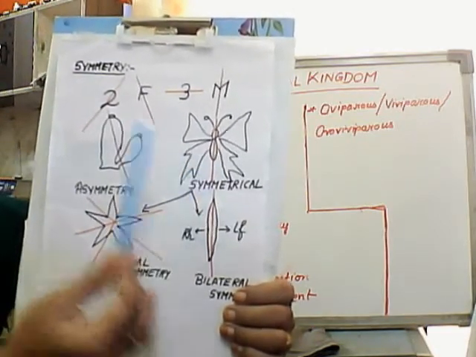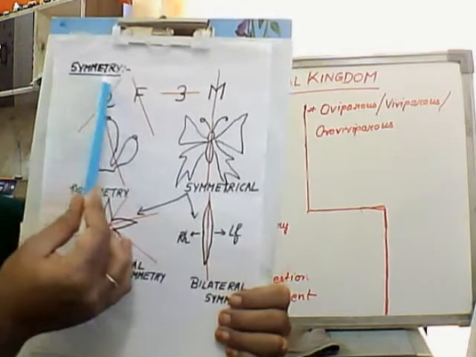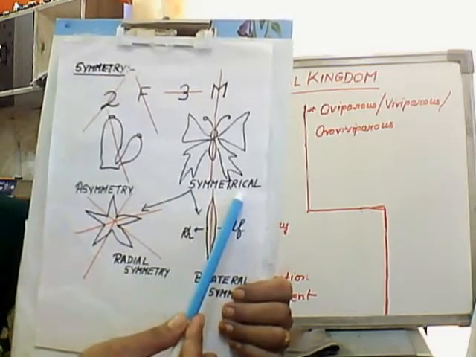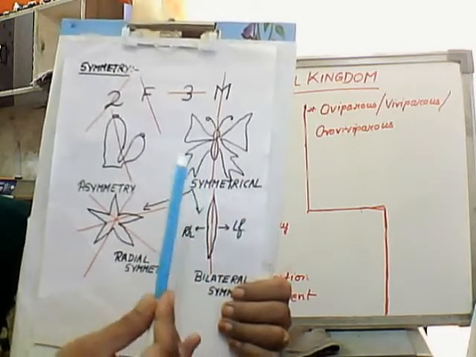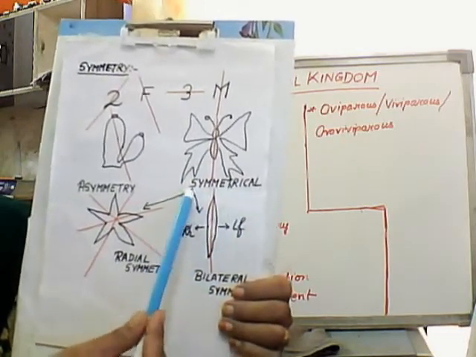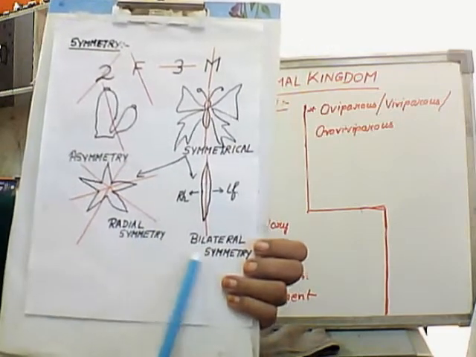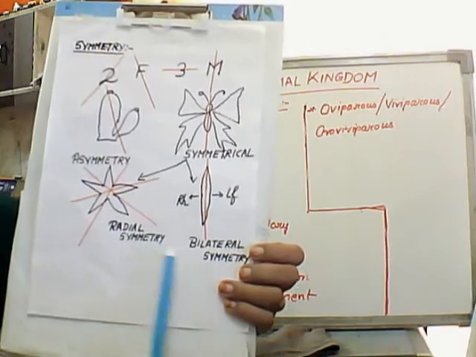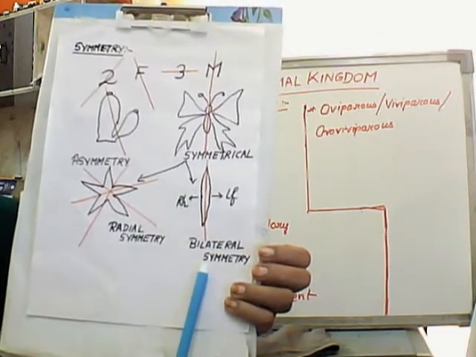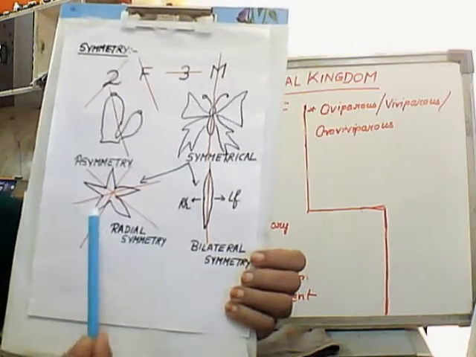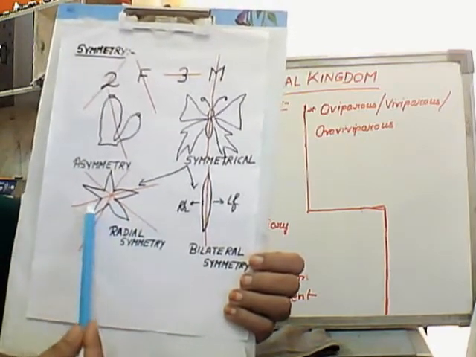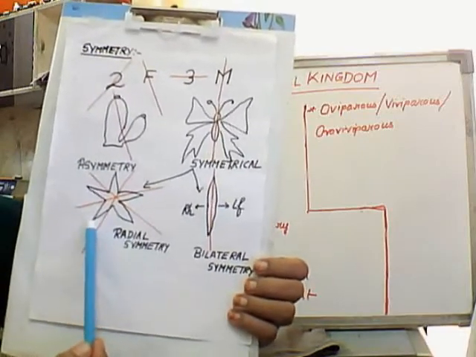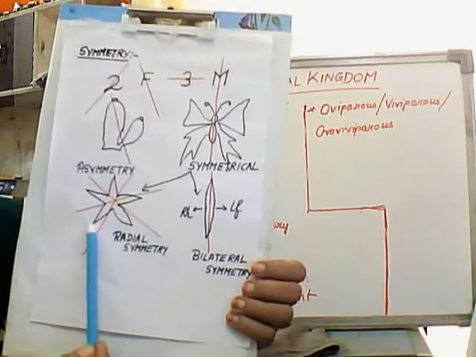So the animal kingdom, based on symmetry, has some that are asymmetrical and some that are symmetrical. Now again, if they are symmetrical, they are further classified into two categories. One is radial symmetry, and the second is bilateral symmetry. For radial symmetry, the common example you can easily identify is the adult starfish.